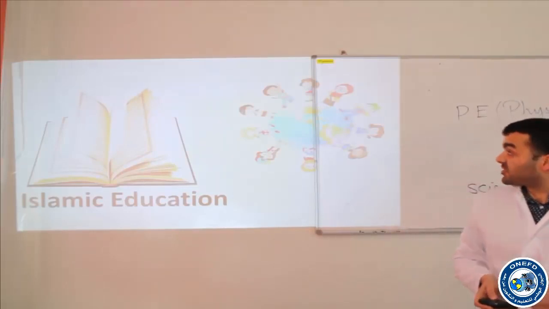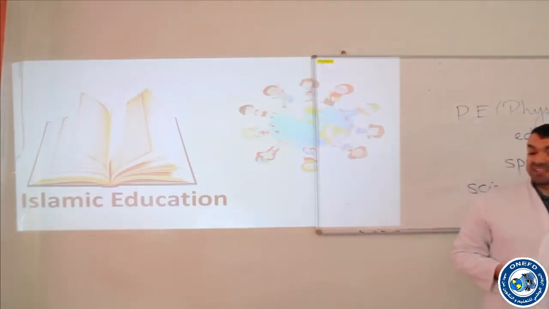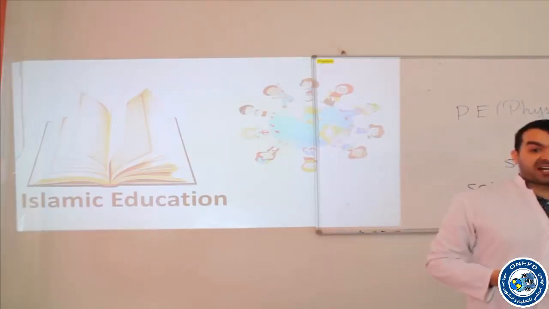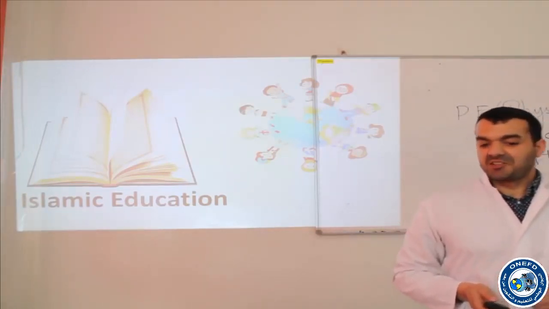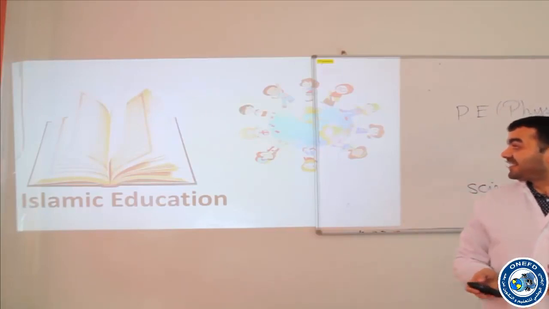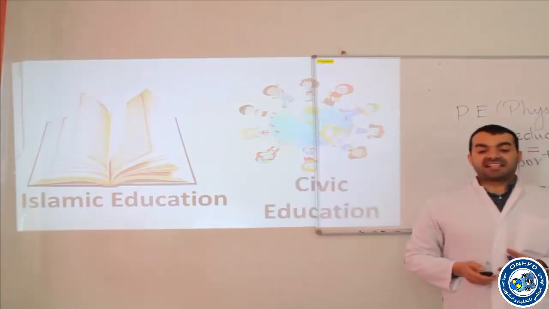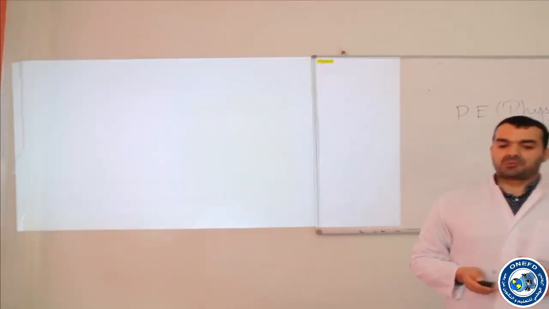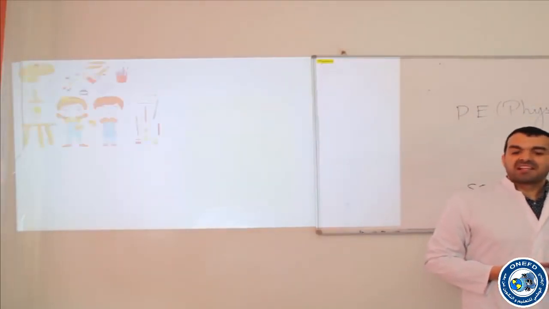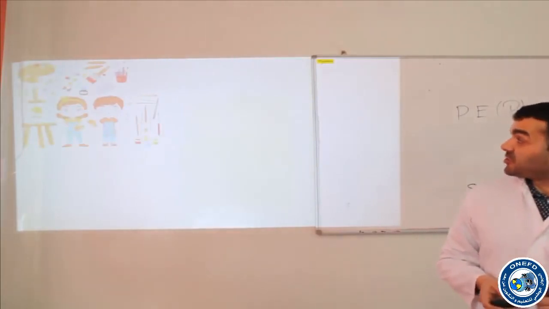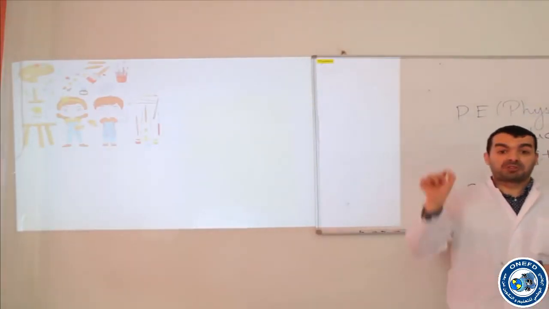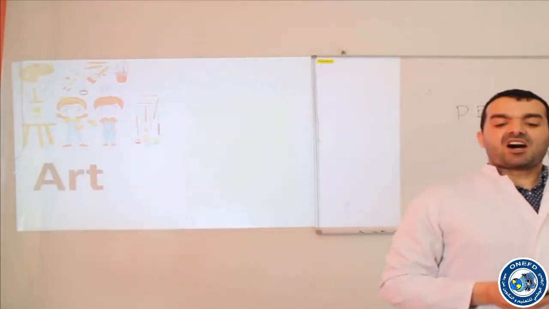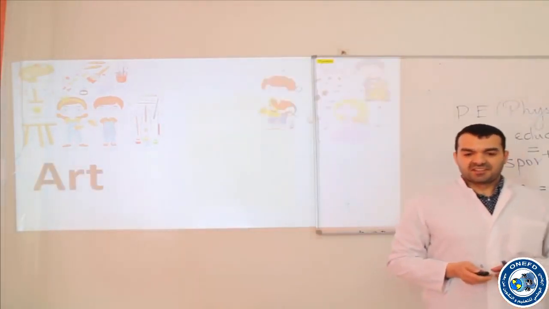Okay. Following picture. The subject, for example, where you study your rights, duties, etc. Can you guess it? It's civic education. The following picture. Can you guess this subject? For example, when you draw, it's arts.